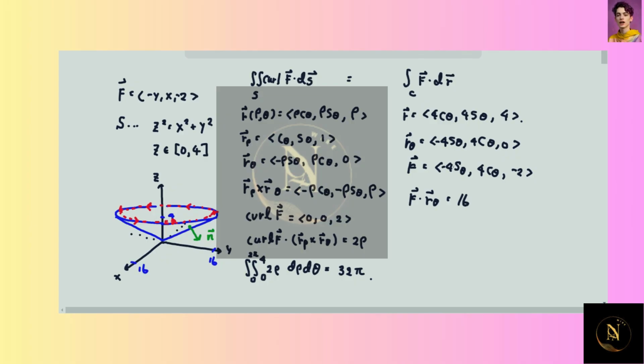And the integral is, of course, from 0 to 2 pi, 1 revolution, of 16 d theta. So this is simply equal to 2 pi times 16, which is 32 pi. And as you can see, either way, we got the exact same expression. So we know that Stokes' theorem has been confirmed.